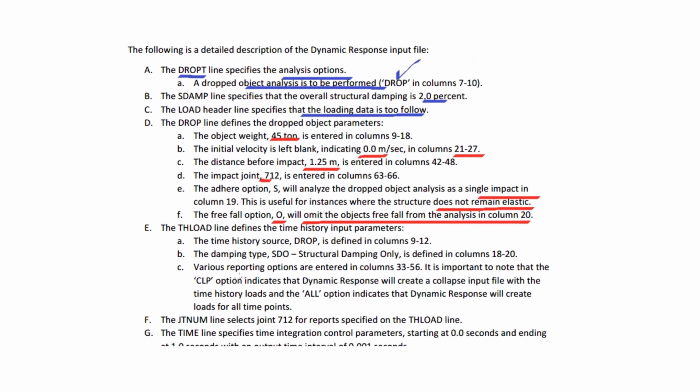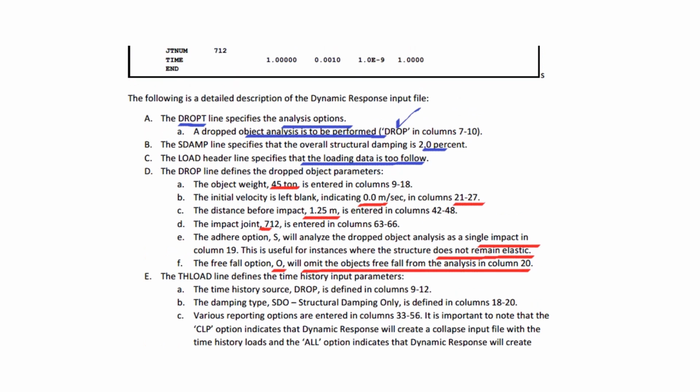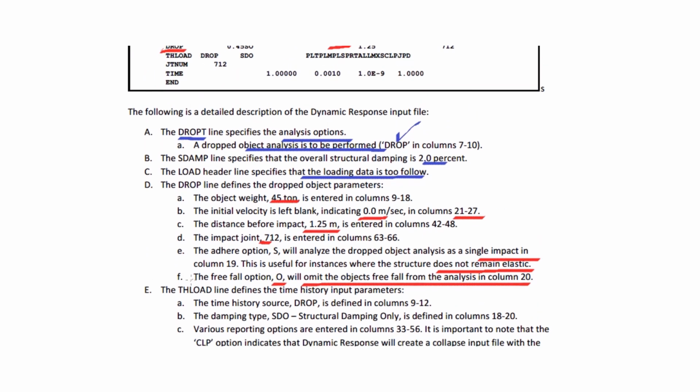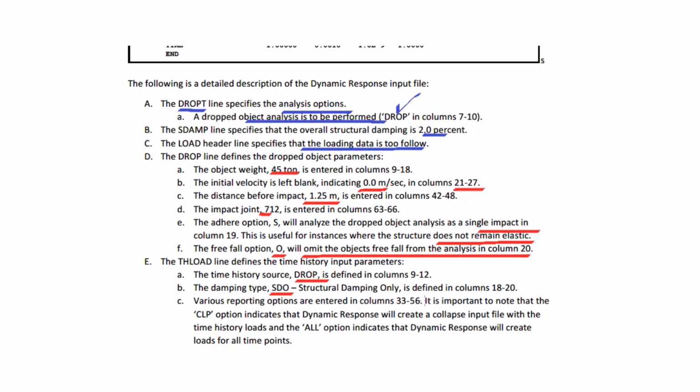The time history source, if you see it here, is a drop, that is defined. Damping is structural damping only, and various reporting options are entered. It is important to note that the CLP option indicates that dynamic response will create a collapse input file with the time history loads.